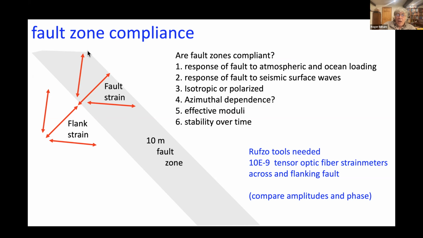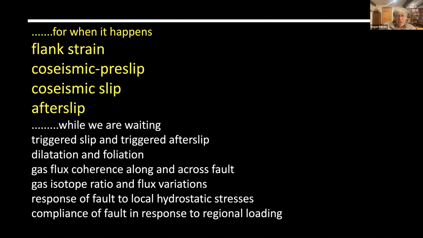Effectively, there we need a tensor array of instruments across the fault, operating with very high precision. We need at least 10⁻⁹ strain sensitivity with faults in the flank at the same time. And what one would do is compare the flank strain with the across-fault strain and see whether that's stable with time. So there's a handful of things one can do on a fault that's essentially asleep.